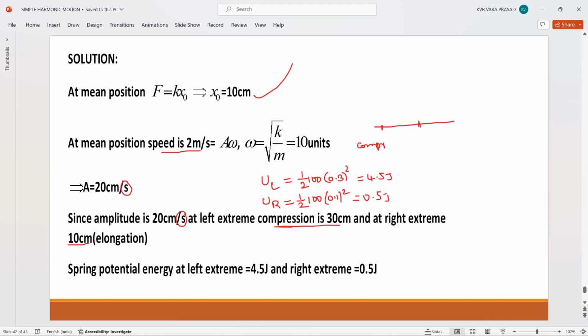Students, here you have to observe carefully this point. Mechanical energy of the spring block system is not constant. I will show in the diagram. See in the diagram. Mean position, total energy 2.5 joule, potential plus kinetic. Left extreme 4.5 joule.